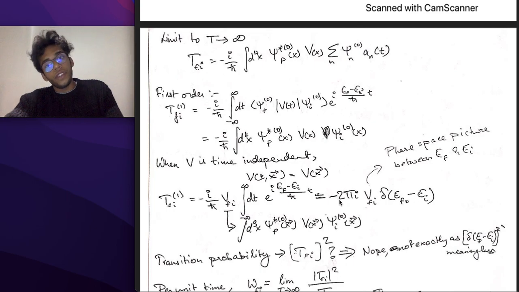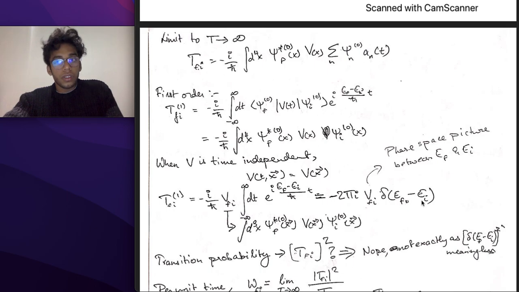So you have V, which is a static potential. You don't talk about a dynamic potential as of yet. But when you have a static potential, you end up with a delta function of EF minus EI, right? This delta function EF minus EI is basically what I said, right?